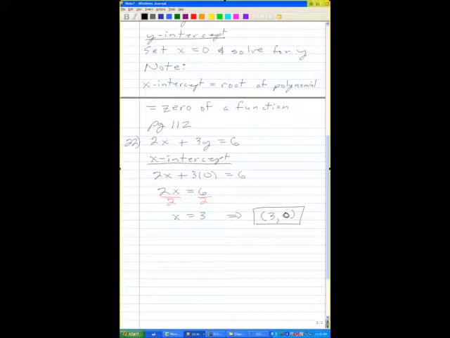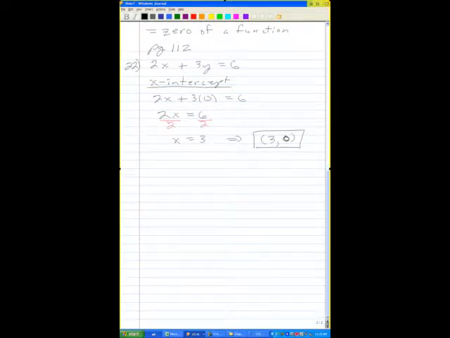Let's find the y-intercept. I can find the y-intercept by setting x equal to 0 and solving for y. 2 times 0 is 0, 0 plus 3y is just 3y.